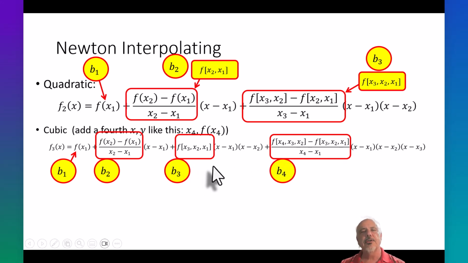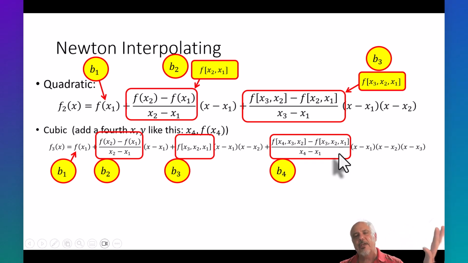So the three element bracket is going to have x3, x2 minus x2, x1. If I look at the b4, it's going to be x4, x3, x2 minus x3, x2, x1.